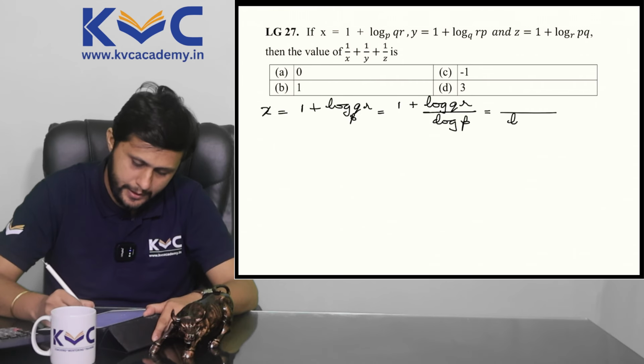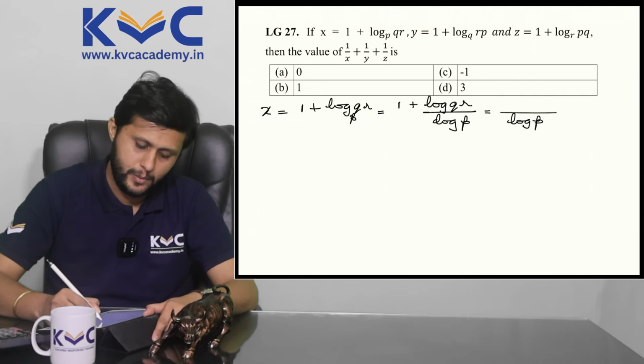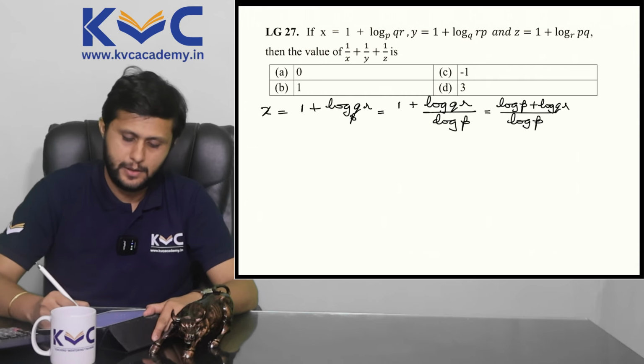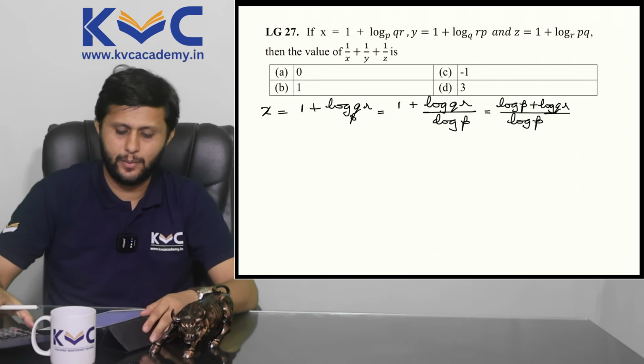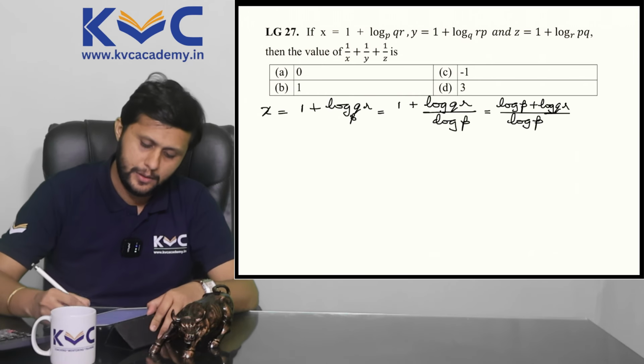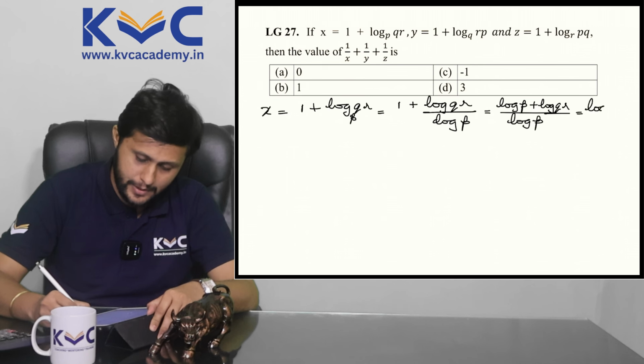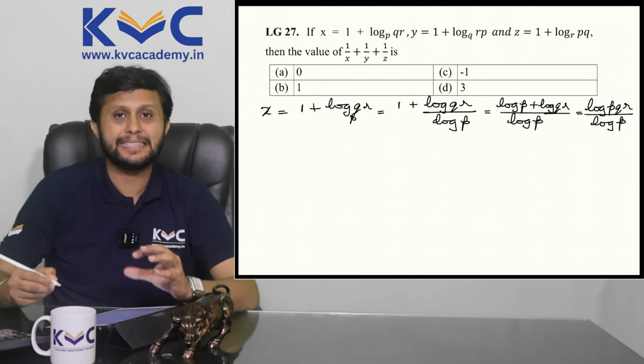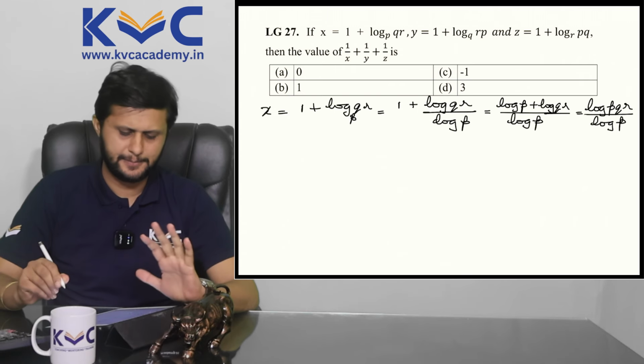What is the common denominator? Log P. We get log P plus log QR. We have log M plus log N. What is log M plus log N? Log MN. So we get log PQR divided by log P. Now this is just the value of X.